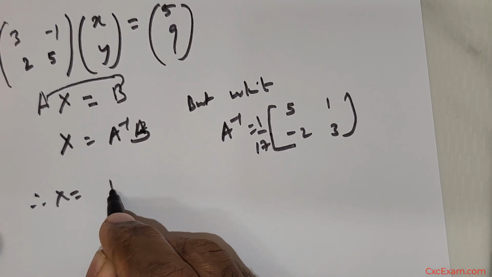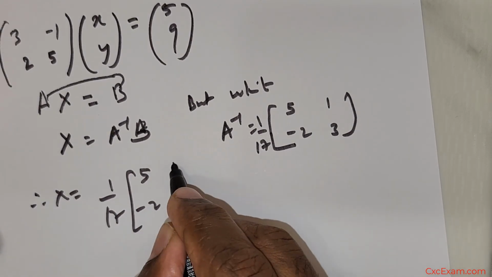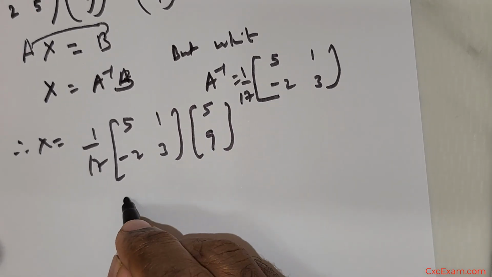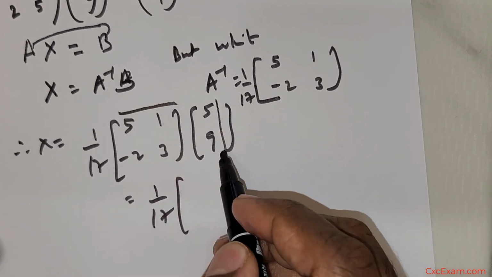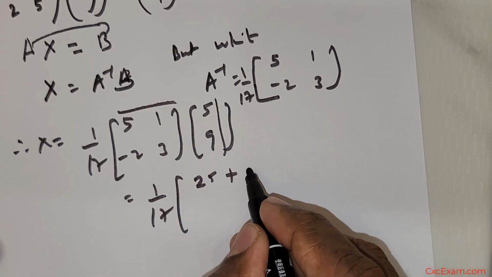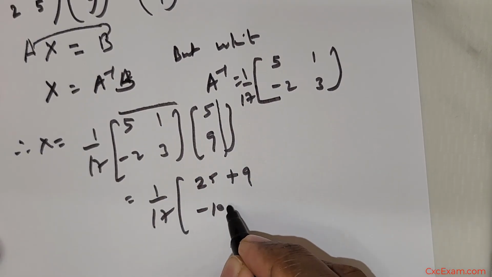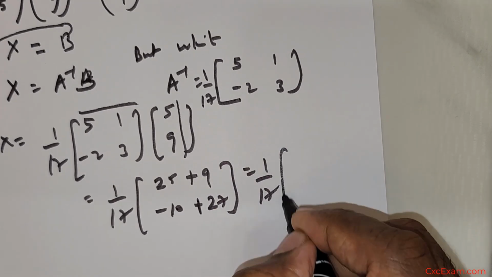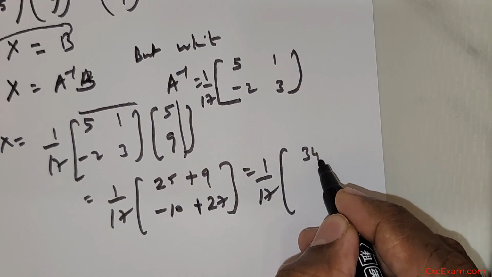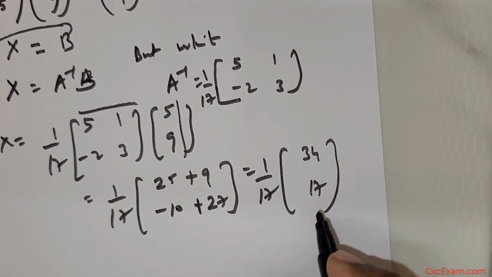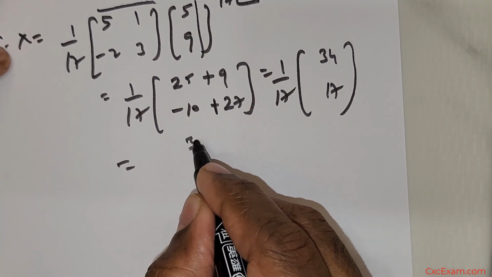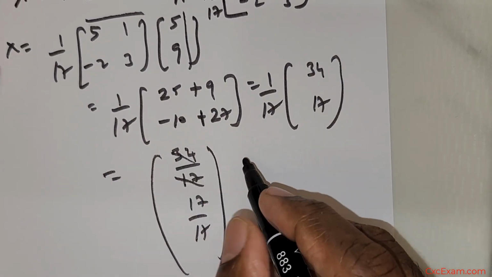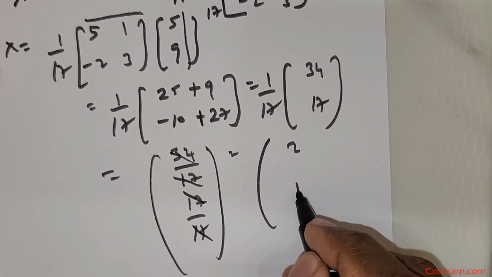So therefore X is equal to 1 over 17, 5, 1, negative 2 and 3, and the value of B is 5 and 9. So this is 1 over 17, row versus column. So 5 5s are 25, 1 into 9 is 9, 2 times 5 is 10 with a negative sign, 3 times 9 is 27. So this is 1 over 17, you add 25 with 9, you get 34. This you get 17, so you distribute 1 over 17, so you have 34 over 17, 17 over 17. 17 divides here 2 times, and 17 divides 17 1 times.